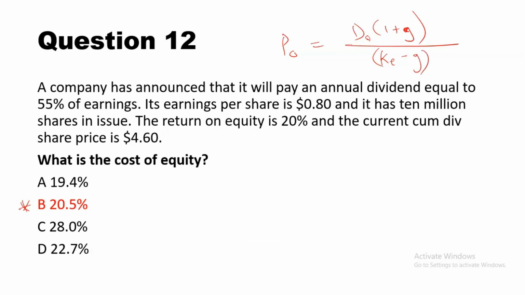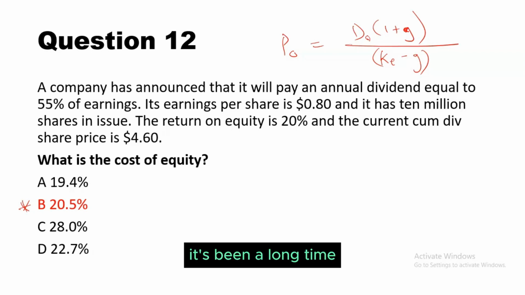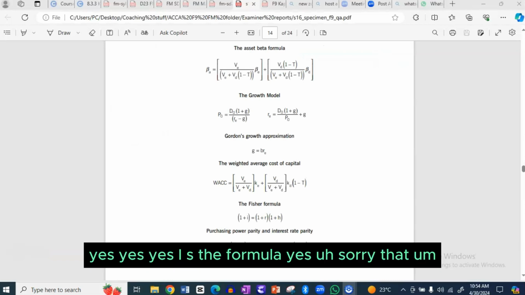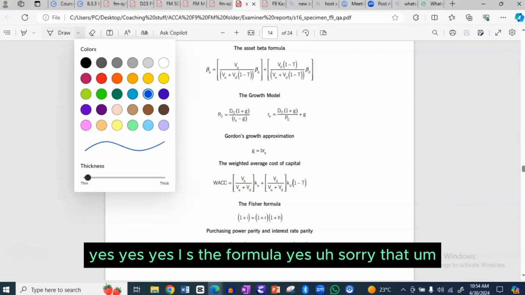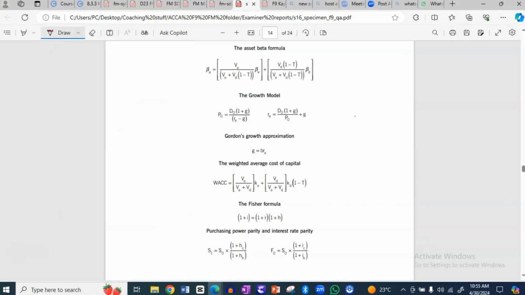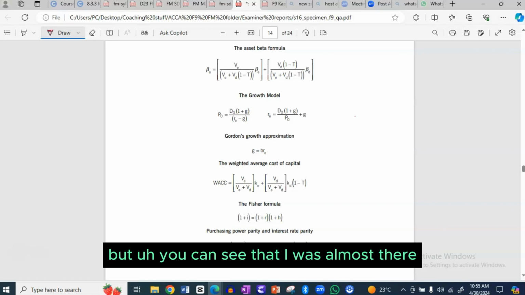Okay, let me just confirm this from the formula sheet. It's been a long time. Yes, it's only that in terms of using Re, I used Ke, but you can see that I was almost there.